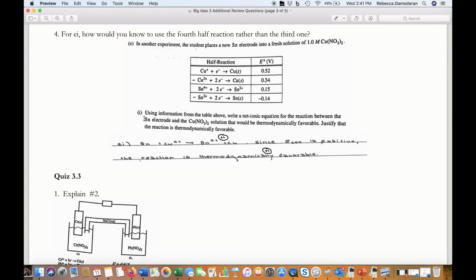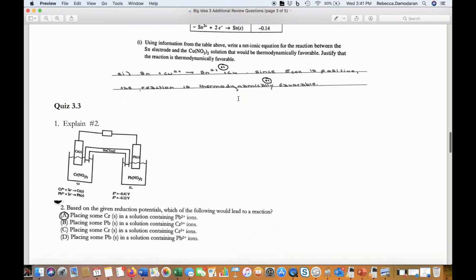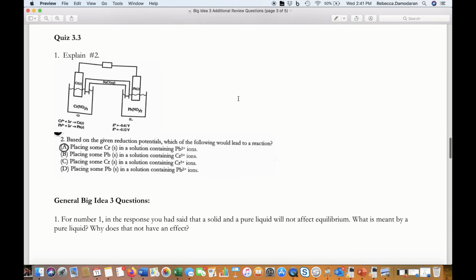Tin is a solid here, so I have to use this 4th reaction, but I have to flip it, because this is the only reaction where tin is a solid. The 3rd reaction doesn't have tin as a solid, so I can't use it. And then copper 2+ has to be a reactant. So I'm going to use the 4th and the 2nd reactions, and I'm going to flip tin, so it's being oxidized.